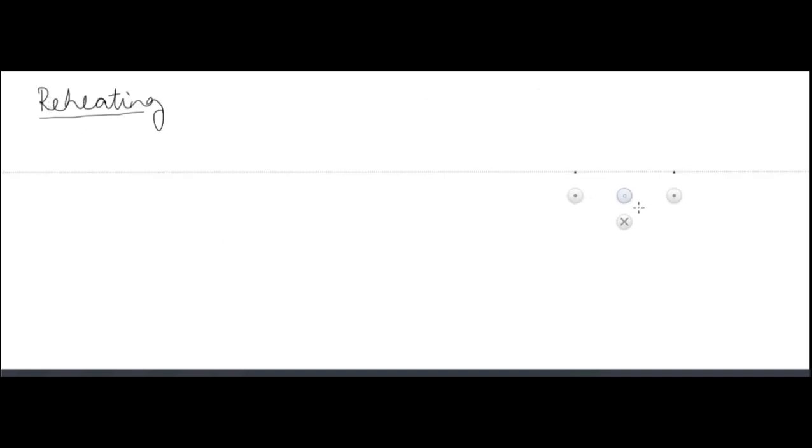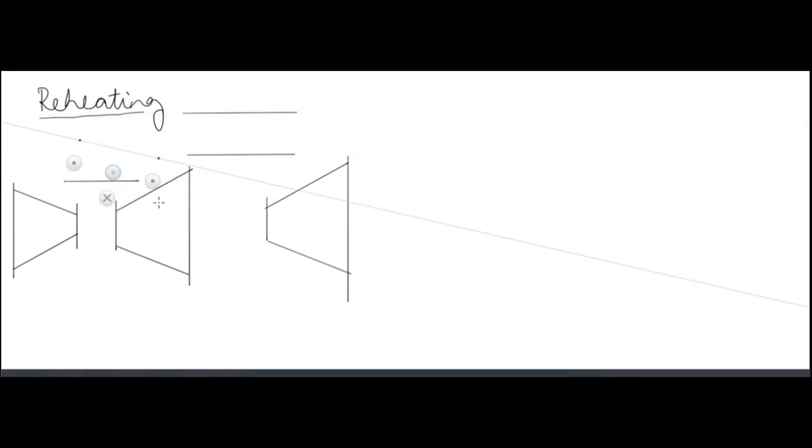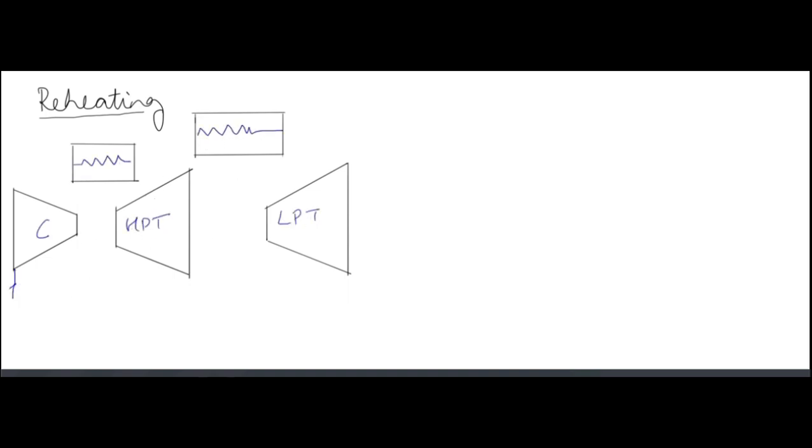Once again, reheating. In intercooling, the compression was done in steps. In reheating, the expansion will be done in steps. In intercooling, heat was taken out from the air before entering the combustion chamber.